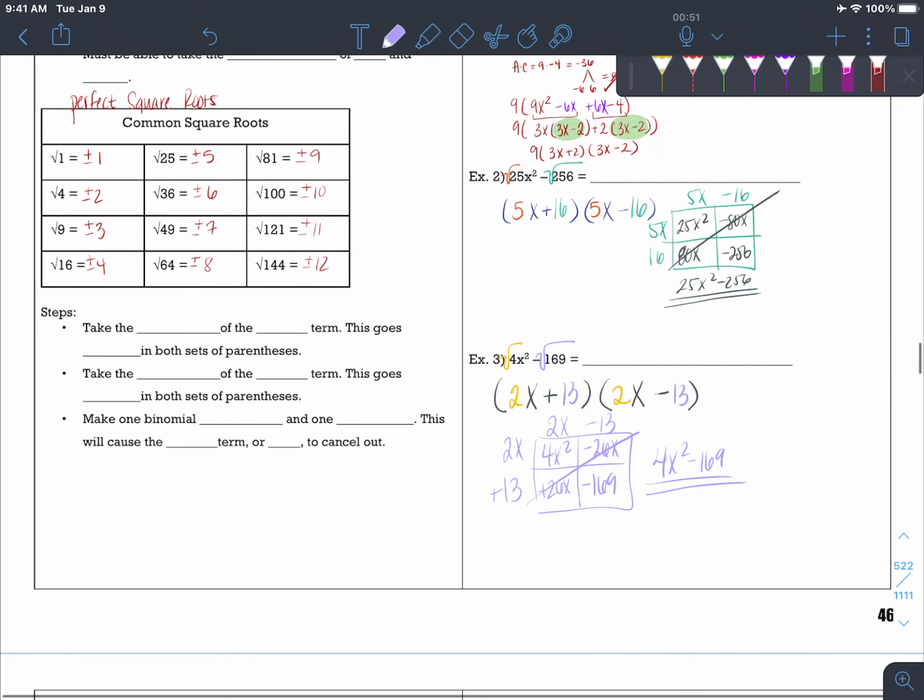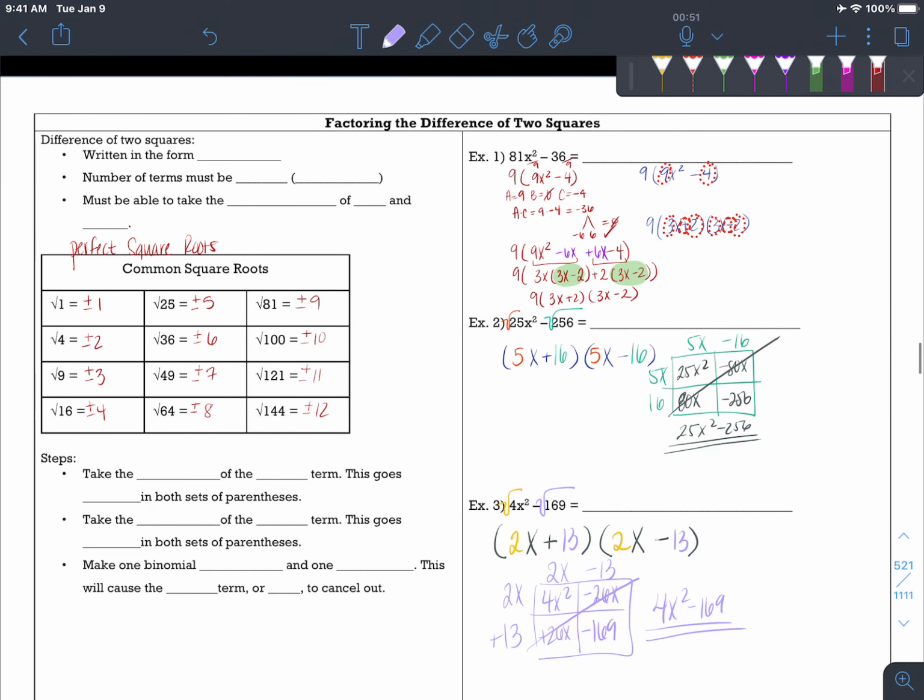Don't let this fool you. Nothing crazy. So we're not even going to go through the steps. We don't necessarily need to remember them.